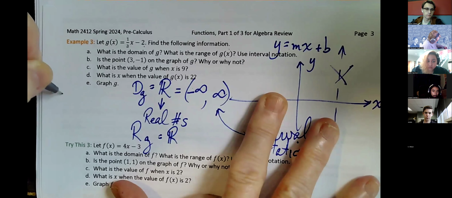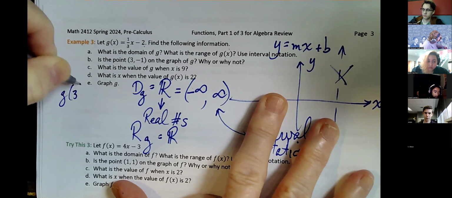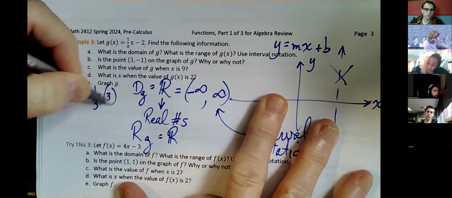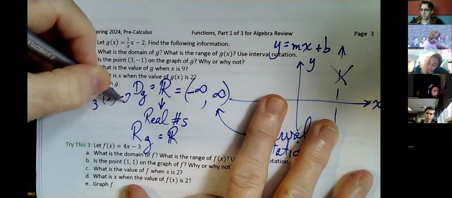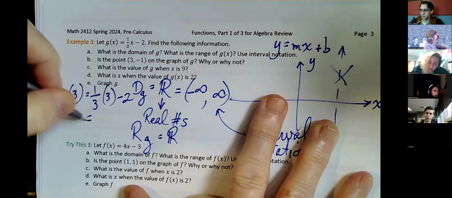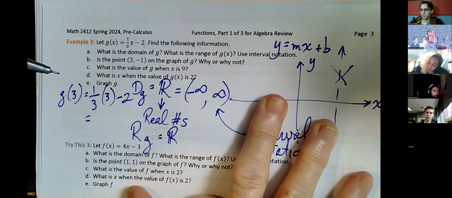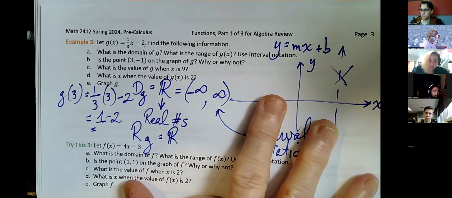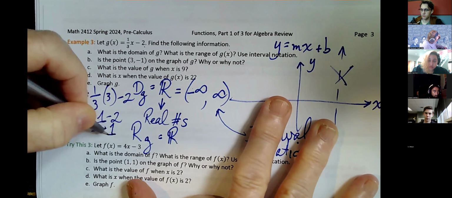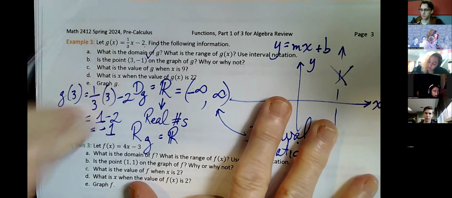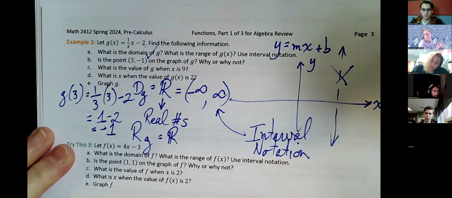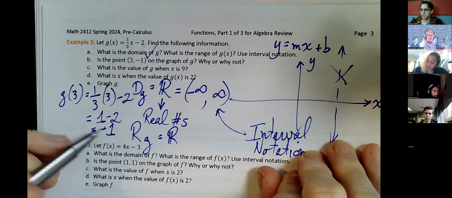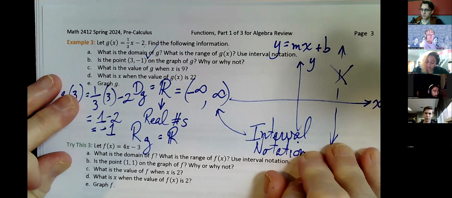Let's see, g of 3 is going to be 1/3 times 3 minus 2. 1/3 times 3 is 1, and 1 minus 2 is -1. Yay! So yes, it is. And we showed why, because if we plugged 3 in for x, we do actually get -1 out.